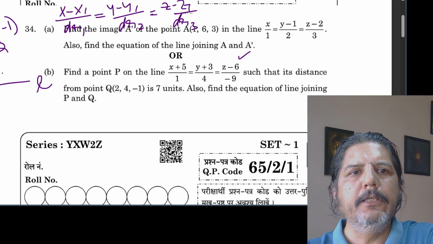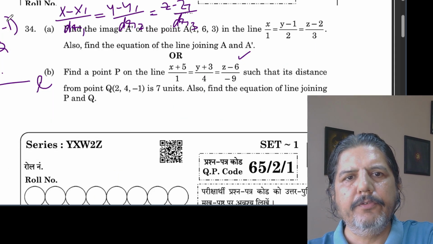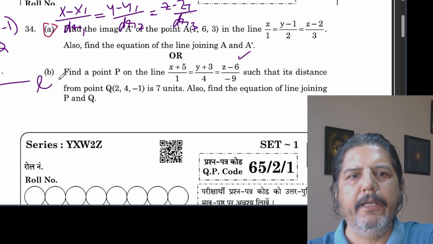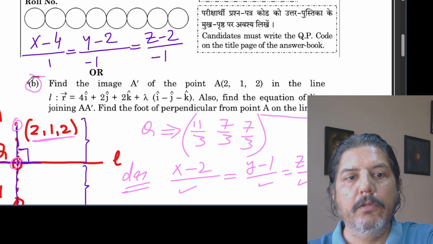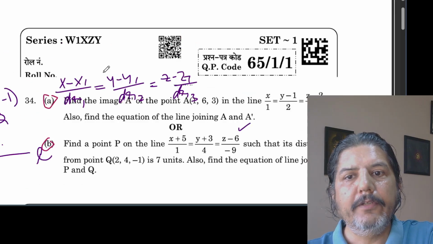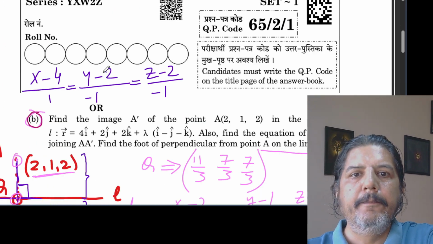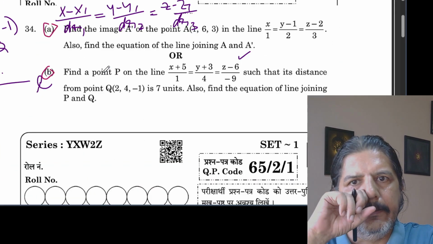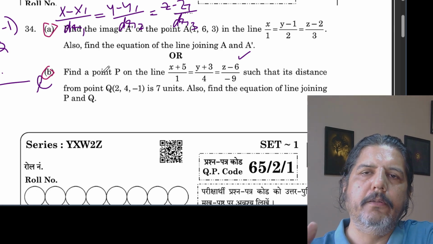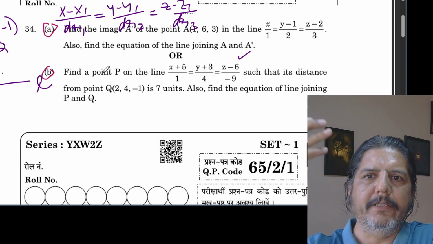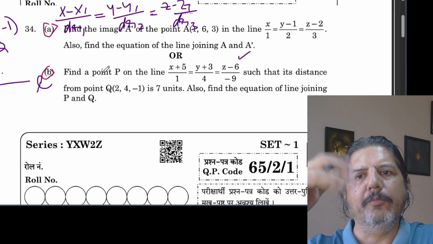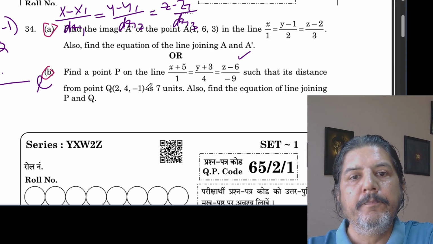But if you see the three questions that we have done now, this 34A, 34B, this question, all of these are from the 2025 set and are the same kind. You have to find the image, or the distance, or the equation, using the property of perpendicular lines.